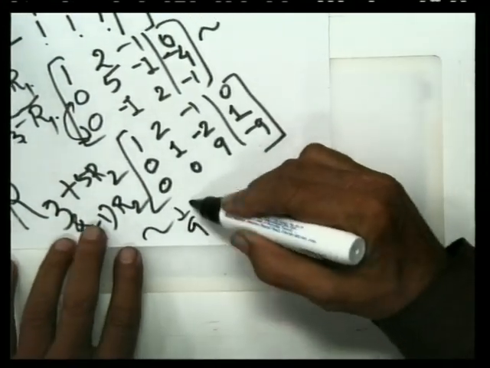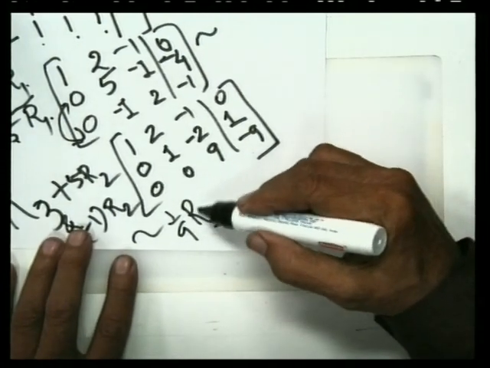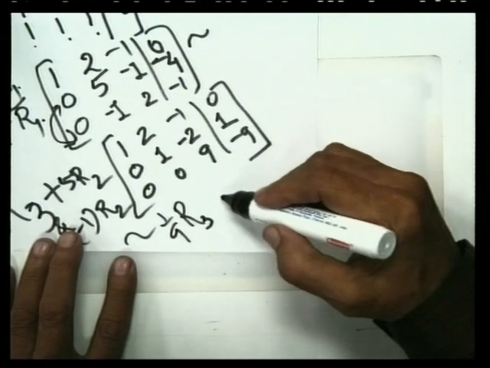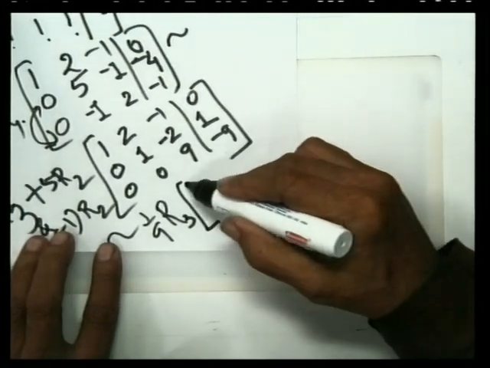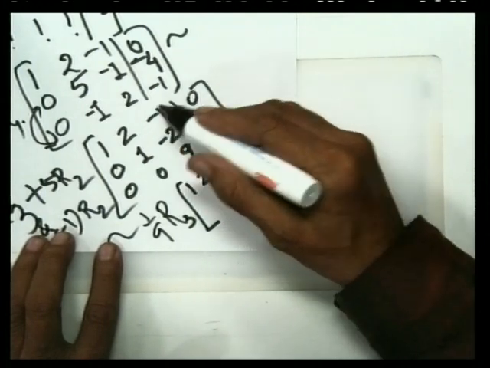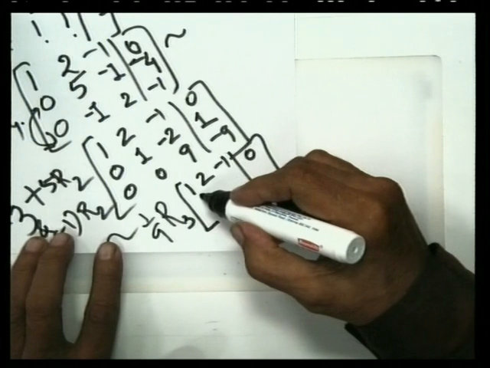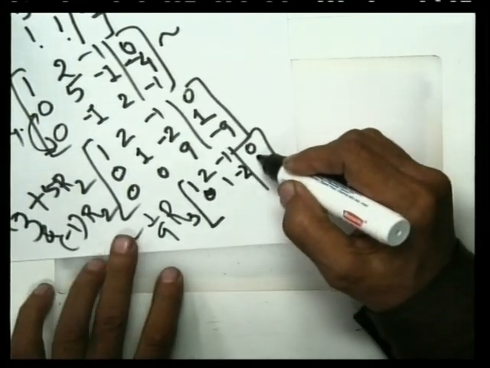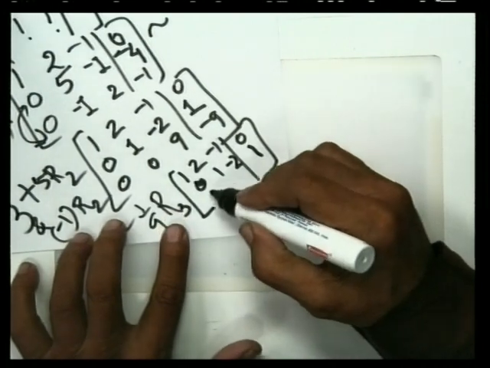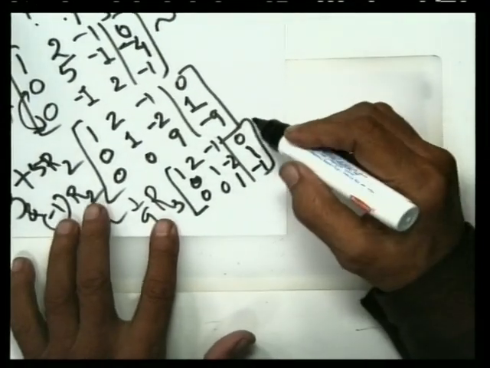So we operate 1 upon 9 in the third row, that is 1 upon 9 R3. So in that case we get 1 2 minus 1 0, 0 1 minus 2 1, and 0 0 1 minus 1.